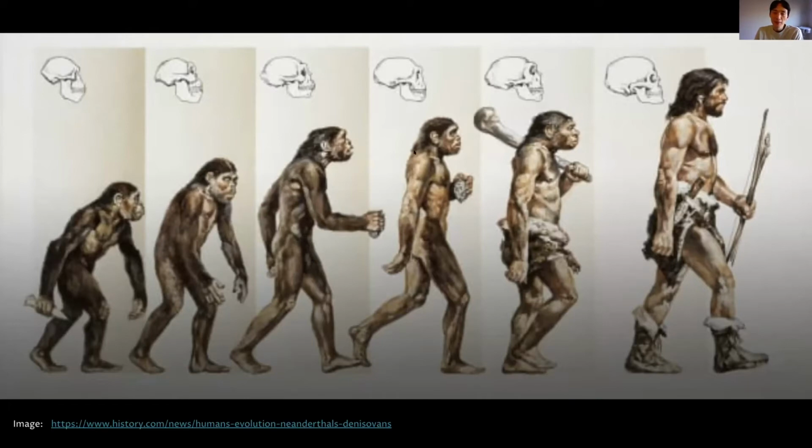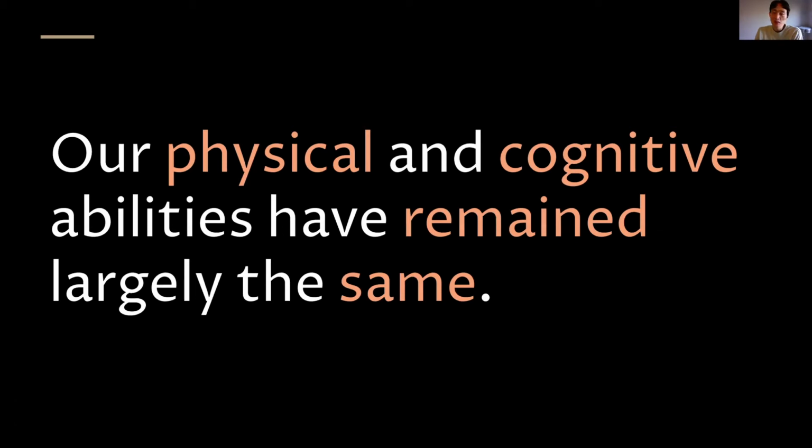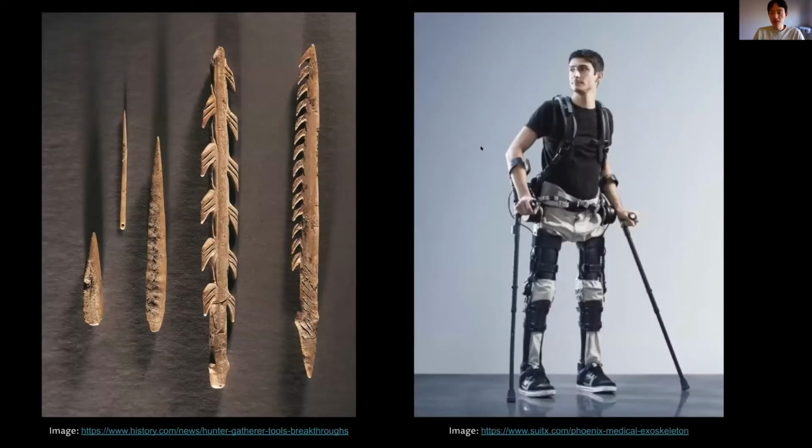However, in fact, our physical abilities as well as cognitive abilities have actually mostly remained the same. It was mainly the tools that improved our strengths as well as amplified our physical abilities.